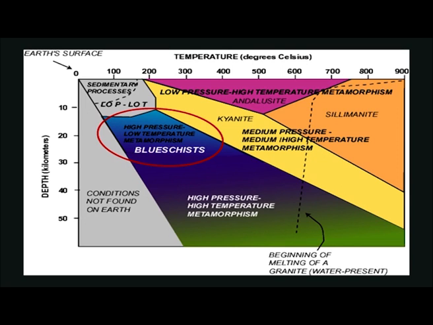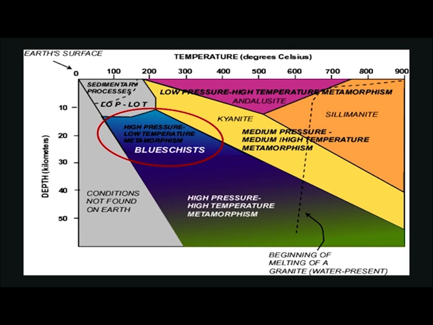Third, high pressure or jadeite-glaucophane type, zeolite, prehnite, pumpellyite, blueschist, eclogite type, in which the geothermal curve approaches or crosses the higher pressure stability limit of jadeite plus quartz. Pressure-temperature gradient is 10 degrees centigrade per kilometer.